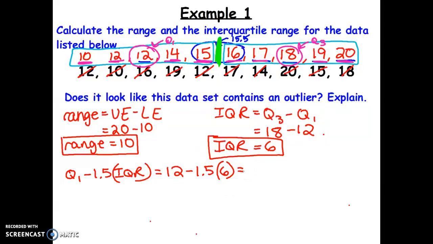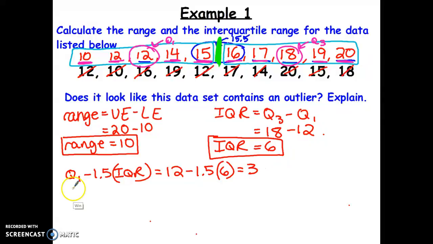And after we put this in our calculator and calculate this, where is my calculator? Okay. Sorry about that, y'all. All right, so 12 minus 1.5 times 6, we get 3.